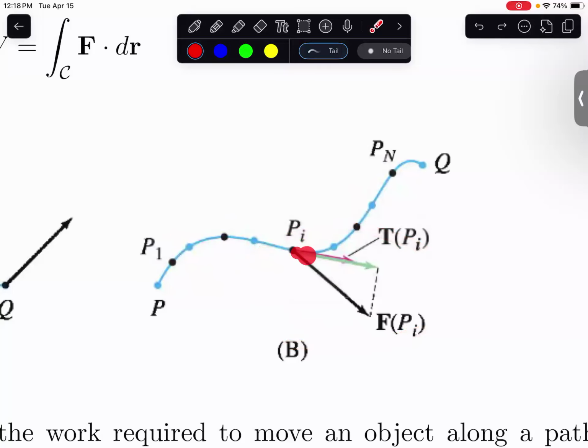So this is the unit tangent vector. You can see it's a little bit short compared to where this dotted line actually intersects with this green arrow. This red arrow is a unit tangent vector. This green arrow, which is in the same direction but a little bit longer, is the tangential component of F at the point P_i.